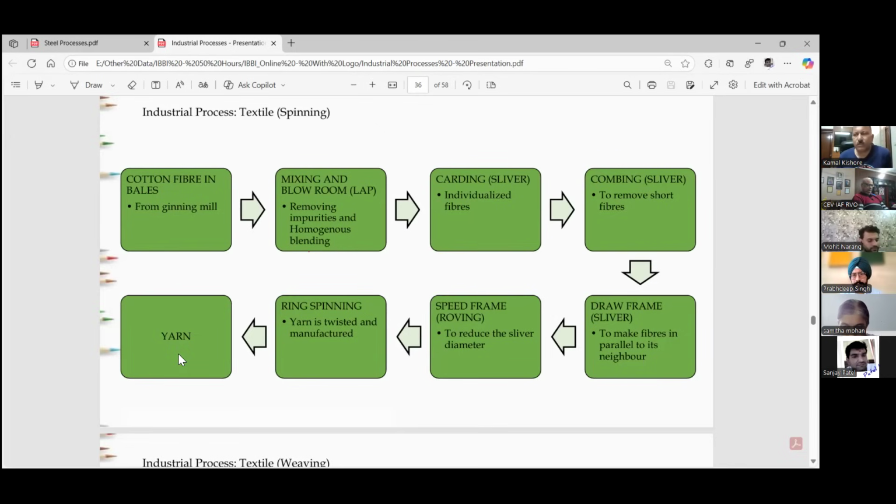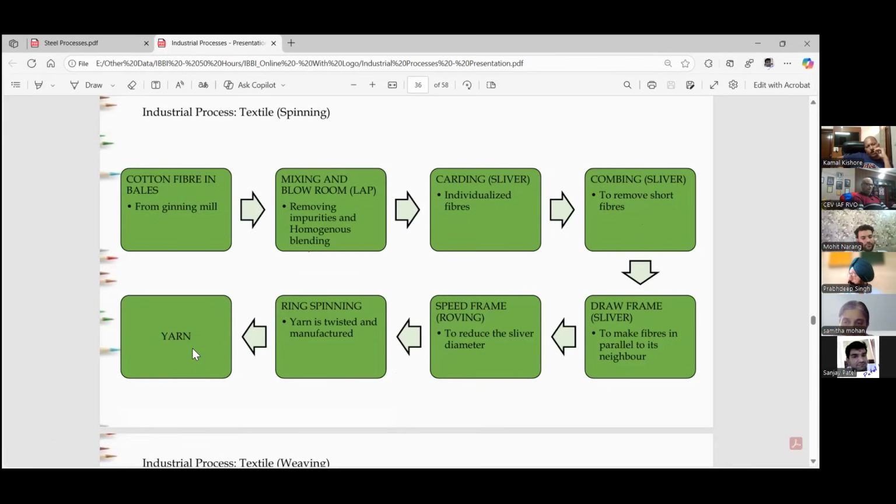The machines used in the spinning units are the blow room, carding machine, combing machine, draw frame, speed frame, ring frame, and lastly there may be an auto coner. Auto coner is just winding your yarn over the bobbin. So here the name and the section are the same.